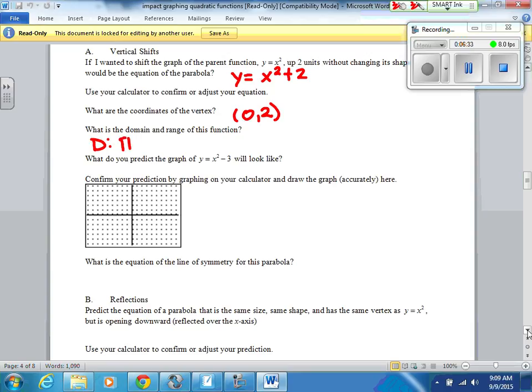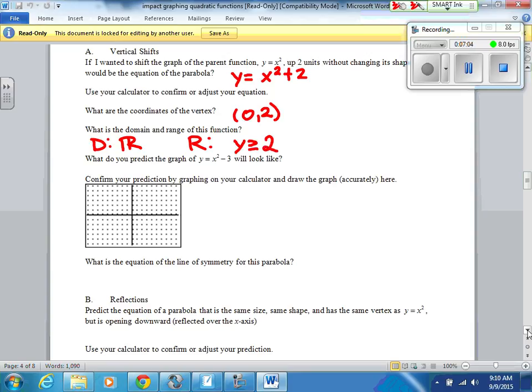All reals. How about the range? Greater than or equal to 2. Why not 0? Because the vertex isn't at 0, 0. Right. And if it's opening up, what's the vertex called? The minimum. So the minimum y value is 2.